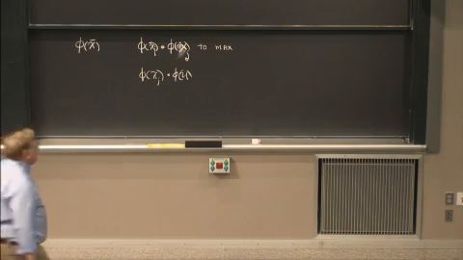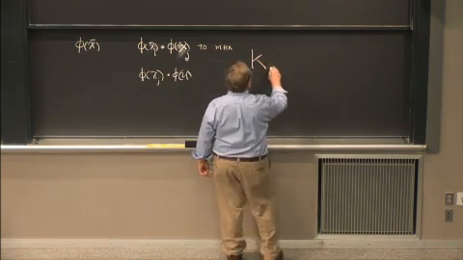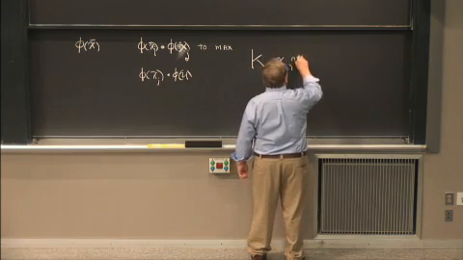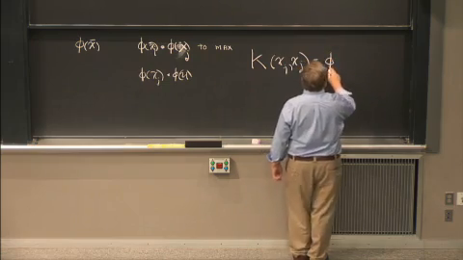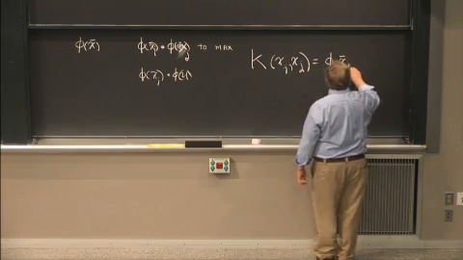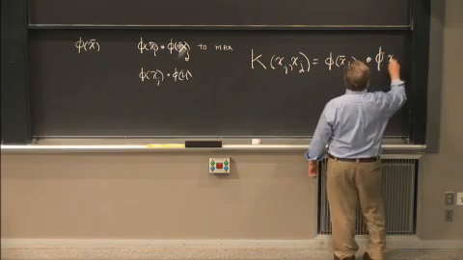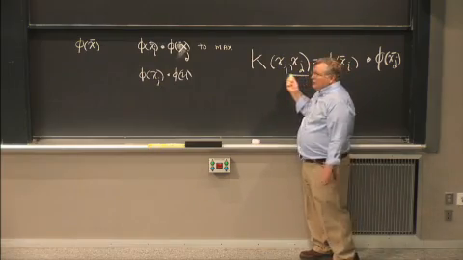So that means that if I have a function, let's call it k, of x sub i and x sub j, that's equal to phi of x sub i dotted with phi of x sub j, then I'm done. This is what I need.